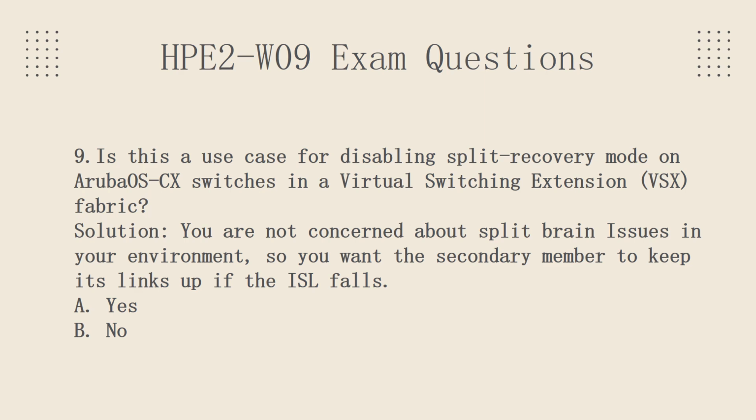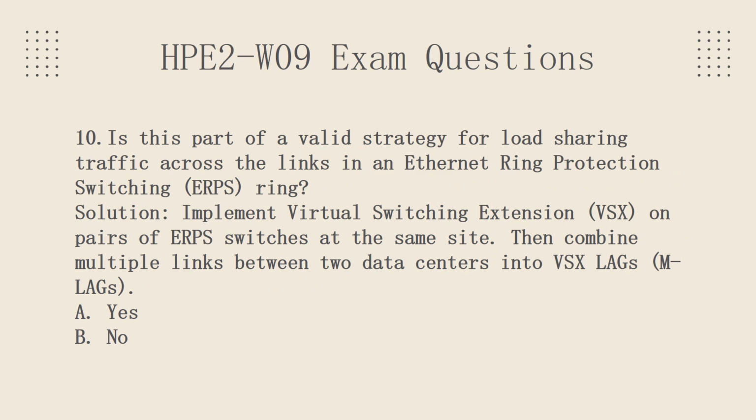Solution. You are not concerned about split brain issues in your environment, so you want the secondary member to keep its links up if the ISL falls. A. Yes. B. No. 10. Is this part of a valid strategy for load-sharing traffic across the links in an Ethernet ring protection switching, ERPS, ring?